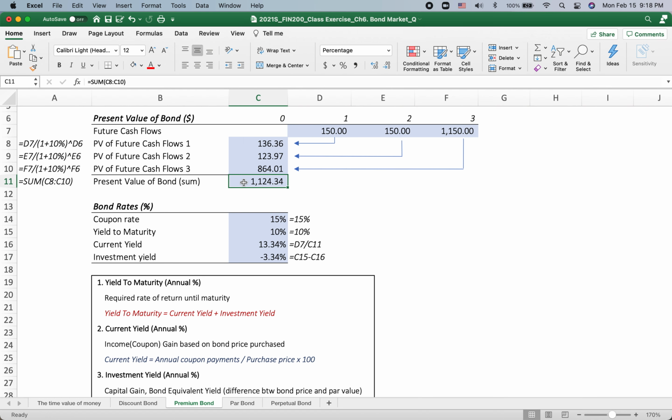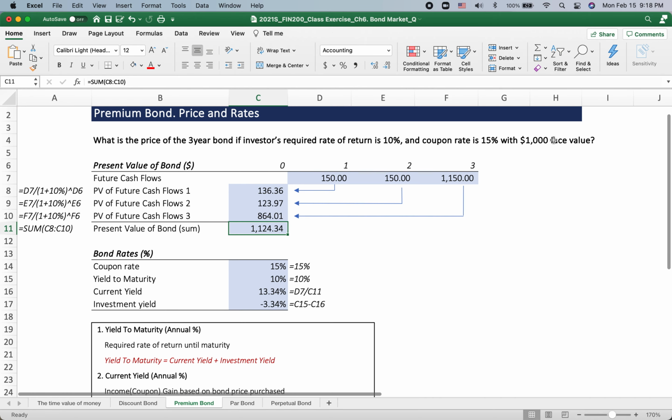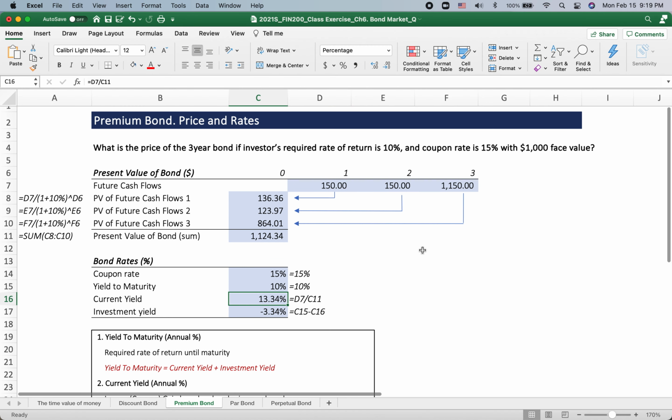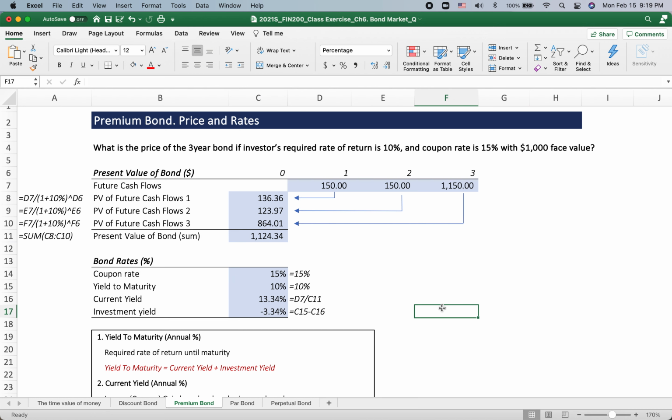Because we purchased at a higher price than the face value of $1,000, at 1,124. We purchased at a way higher price than the face value that we'll receive in 3 years. That's why it is minus. But the current yield, based on this coupon payment, we receive higher, right? Okay, so the yield to maturity is 10%, comprised of this current yield and investment yield.